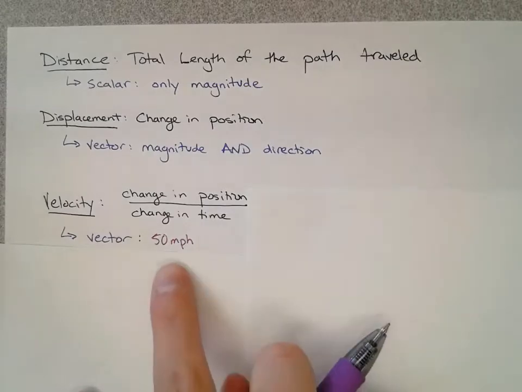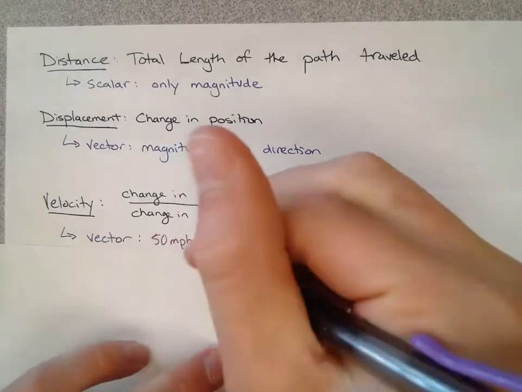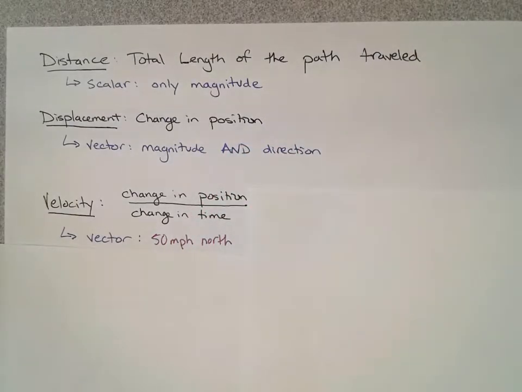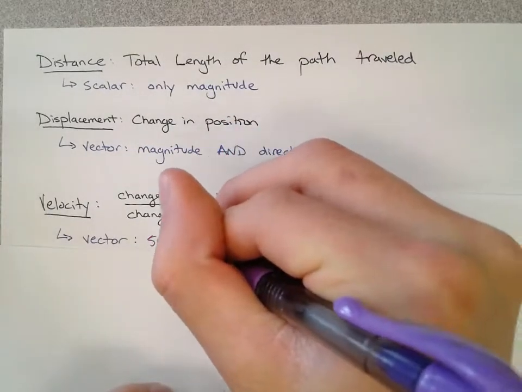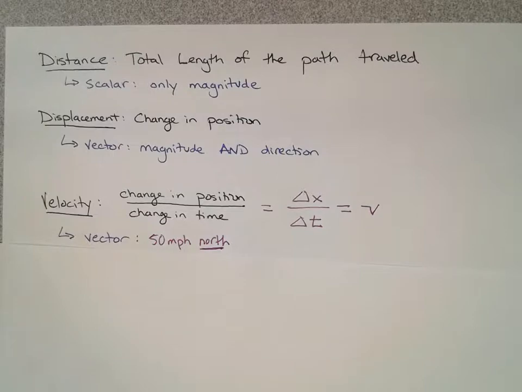Now that right there is simply a speed because it does not have a direction. But if I were to say 50 miles per hour north, then that becomes a velocity because I have a direction right here, north. Okay? Now we calculate velocity using this equation right here, a change in position divided by a change in time.